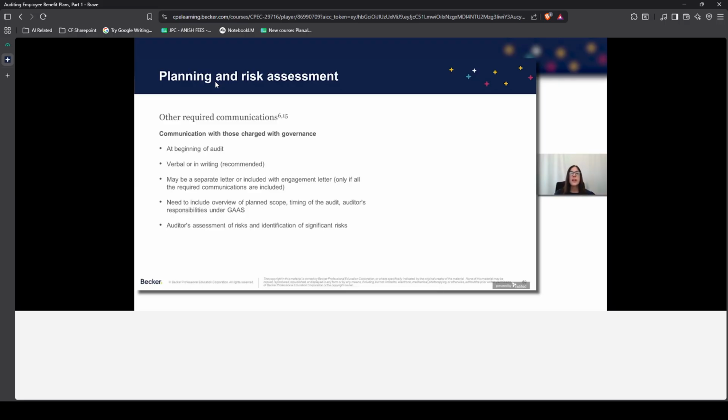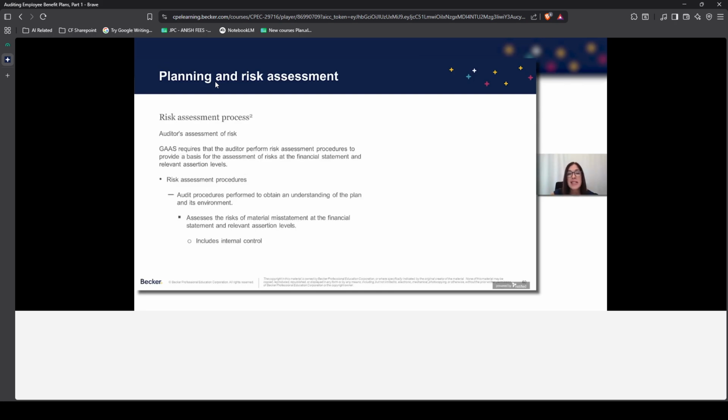Other auditors elect to issue a separate letter to those charged with governance. It's entirely up to you, but you do need to include the overview of the planned scope of the engagement, the timing, the auditor's responsibilities, the auditor's assessment of risk, and identification of significant risk. All need to be included with that communication at the beginning of the audit.